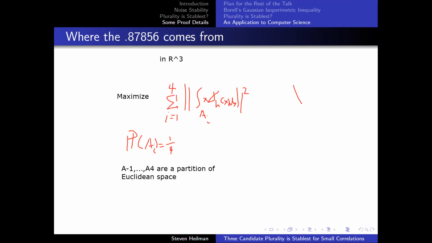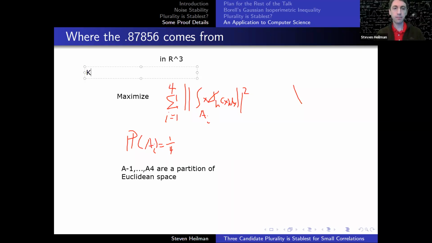I saw such an extremal problem in some work of Naor. Can you say a connection? Yes, exactly. That's closely related, not exactly the same. They have the same problem, but with no measure constraint.